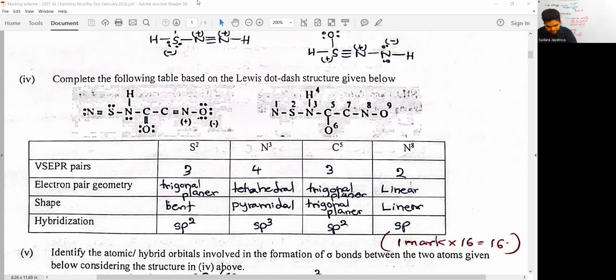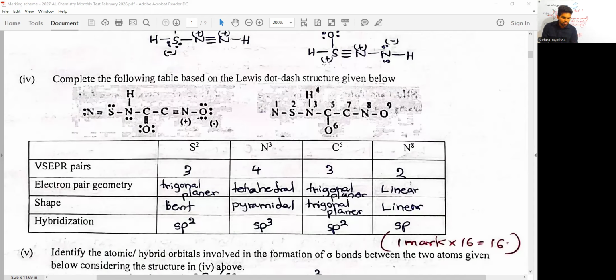The next one is about hybridization. One way of remembering this without knowing any theories is to just memorize. I'm not recommending that, but as a last resort, if you can't understand or remember this properly, at least memorize this.